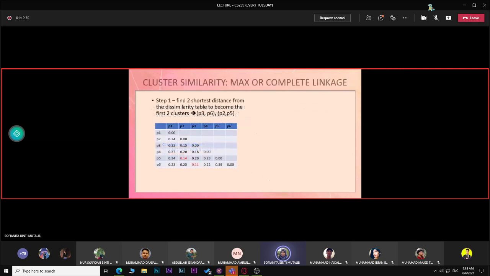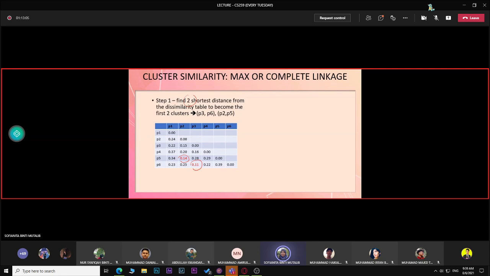Okay. Firstly, the first step is the same, means that we have to look at the objects that can be merged, the two shortest distance from the distance matrix or table. Okay, we could see that object 3 and 6, and also object 2 and 5, can be merged. So this would normally be step 1.